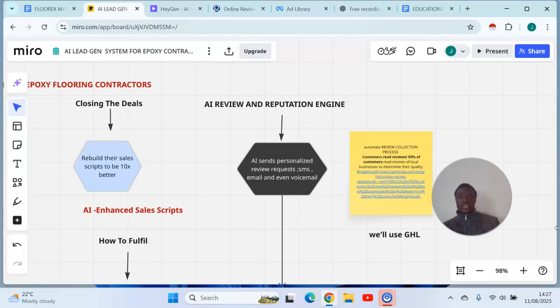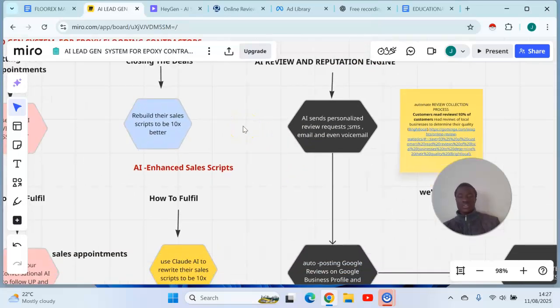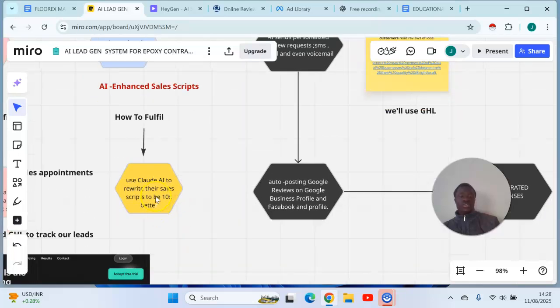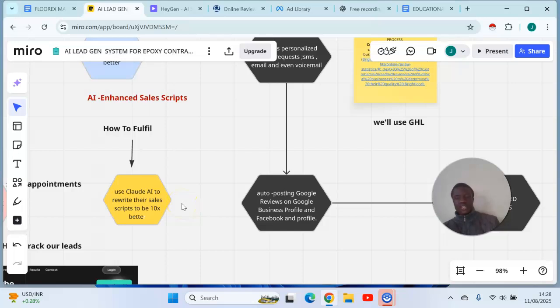Our AI is also going to be able to rewrite the whole script to focus on the deep pain points of the potential clients you are serving. So we'll be using Claude AI to rewrite the whole sales scripts. And with this, you'll be guaranteed to be 10x better and 10x more persuasive in your sales processes.